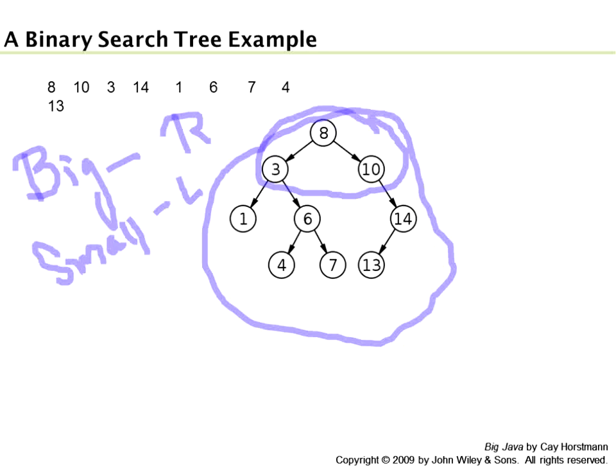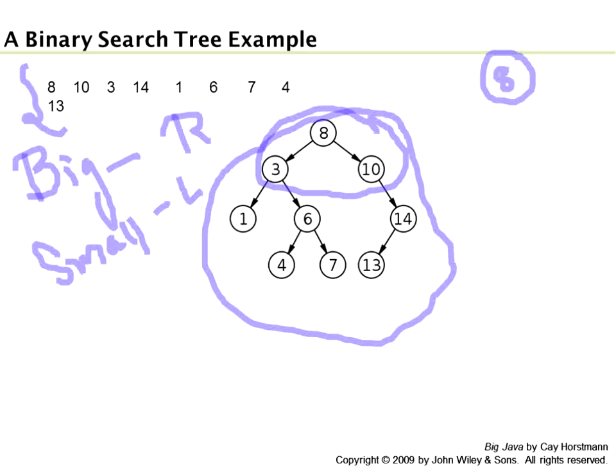Now, if you have to create a binary tree for these nodes, what will you do? You will start from left. So first of all, you have 8. This is your root node, okay?